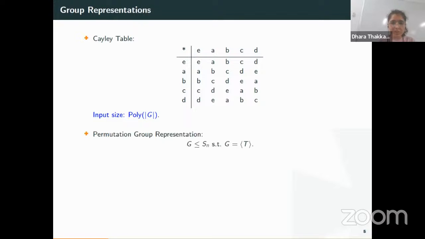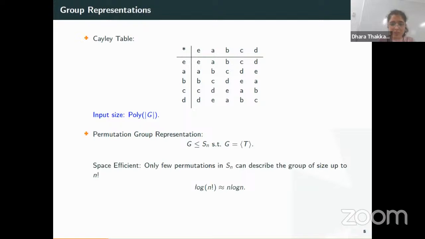Now there is the permutation group representation, where we are given a group G as a subgroup of the symmetric group, and the group G is represented by a generating set, say T. Now this representation is more general. Why? Because we have seen just now that any group G has a generating set of size at most log |G|, and here since G is a subgroup of Sn, it can have size at most n factorial. But the generating set T, which is representing G, has size at most n log n.